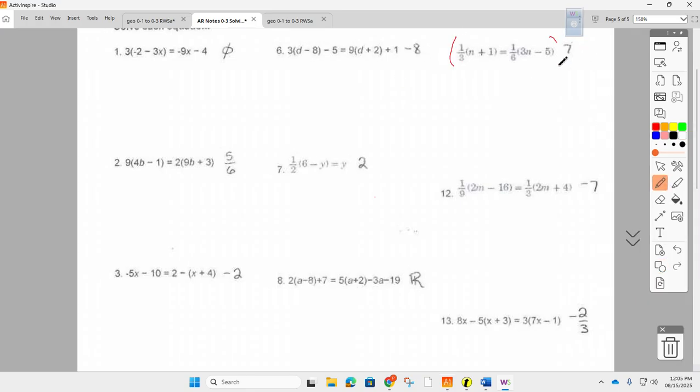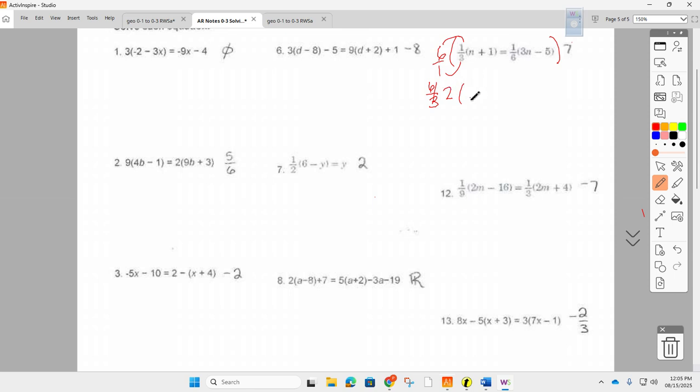So we're going to multiply everything by 6. And when we do, 6 over 1 is going to give us 6 over 3 times. And remember, this is where we don't multiply by what's in the parentheses, because we are going to wind up multiplying this. This simplifies to 2.